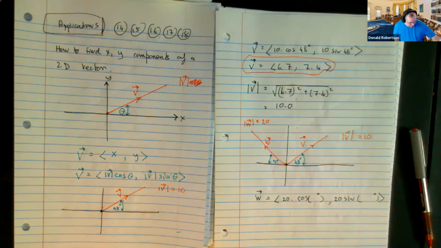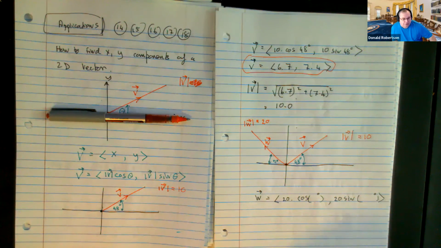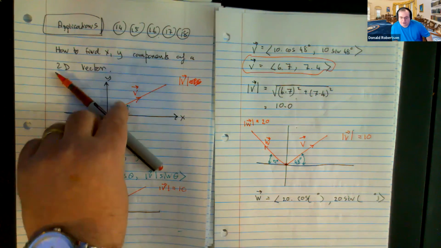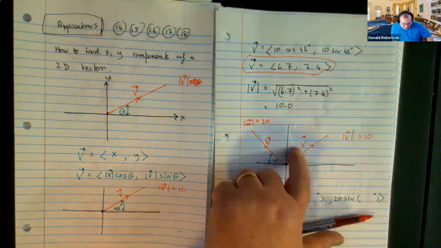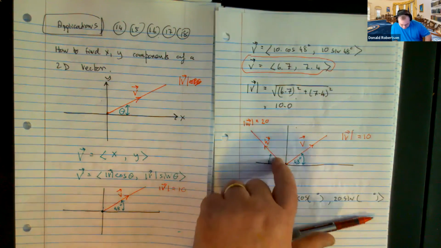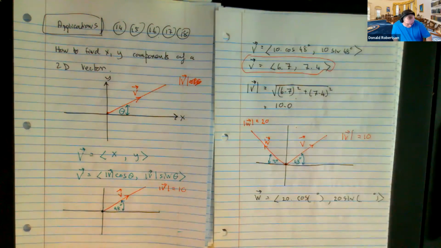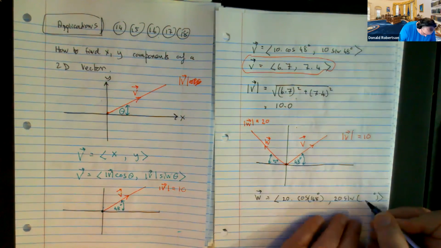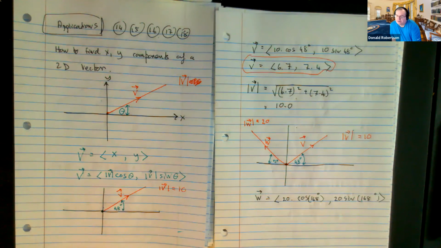The angle theta is always measured from the positive x-axis going in an anti-clockwise direction. What is the real size of this angle for the vector W? It is actually not 12 degrees. What's the real size? 168. And what you did there is you took it away from 180, didn't you? Can you see that if you just look at the numbers, you could quite easily put in 12, thinking, I see 12, I use 12.